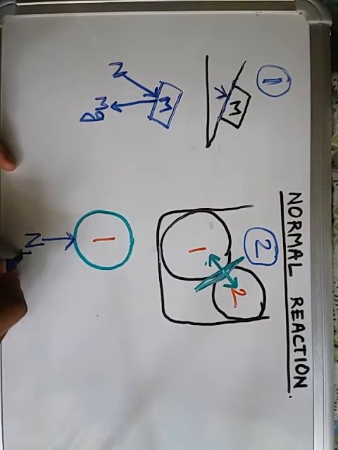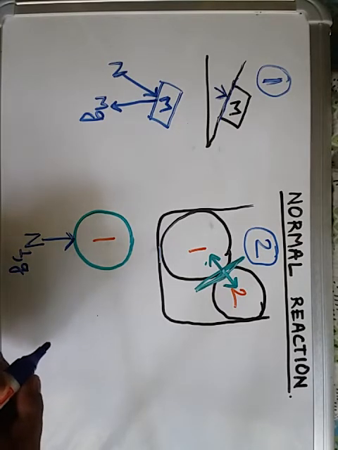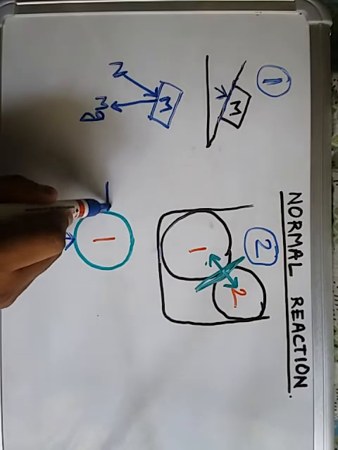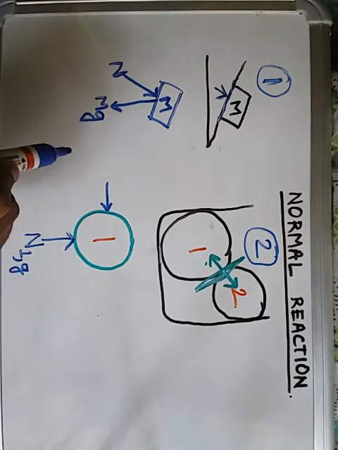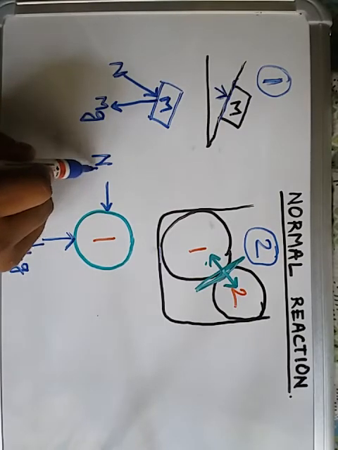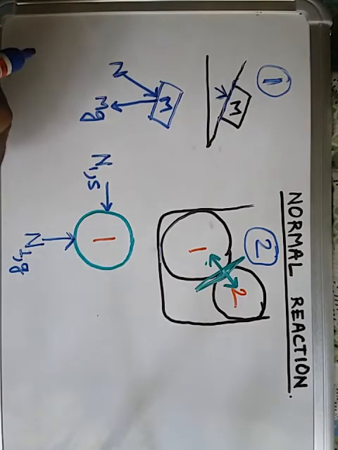So we write this N1G. Now there is also a normal force acting in this direction, so we write this as N1S, since this is from the side.